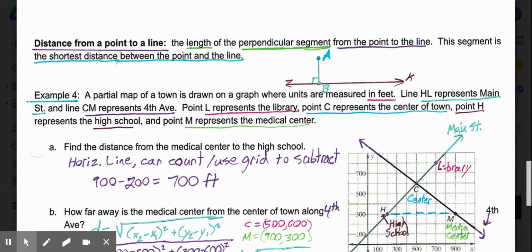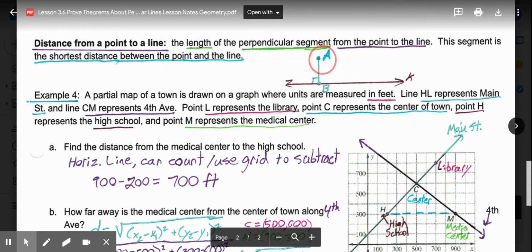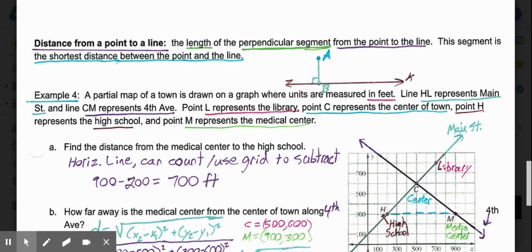So the shortest distance from A to anything on line K would be at point B along that perpendicular. So the distance AB would be the shortest distance from A to that line.